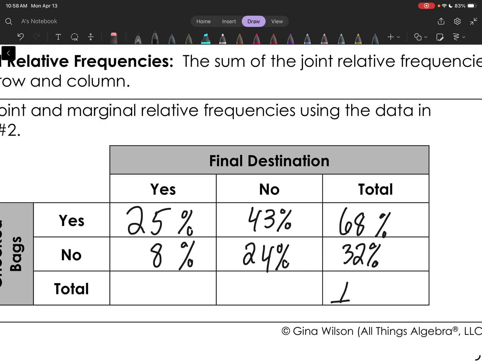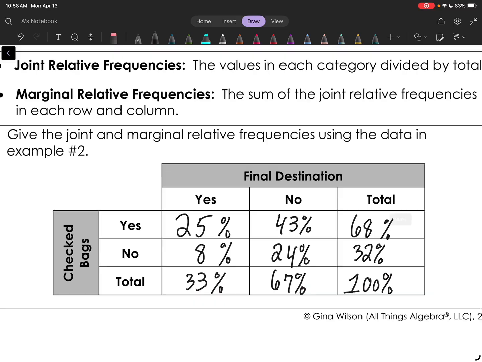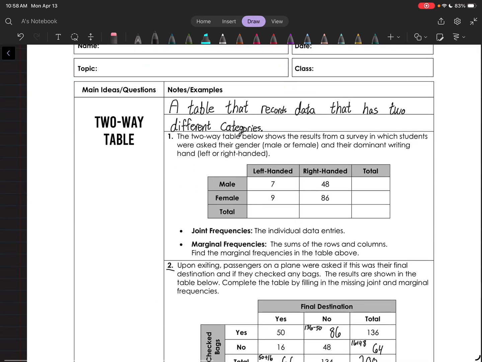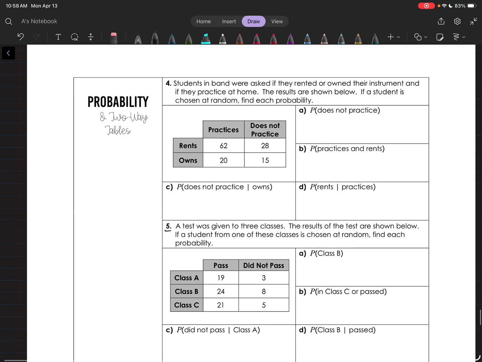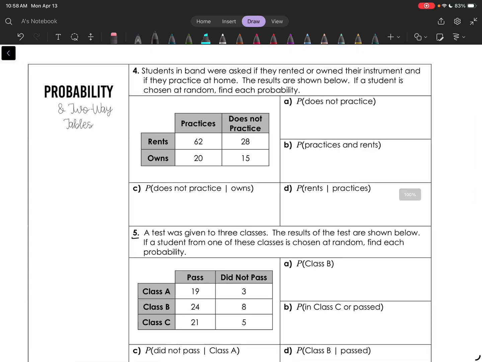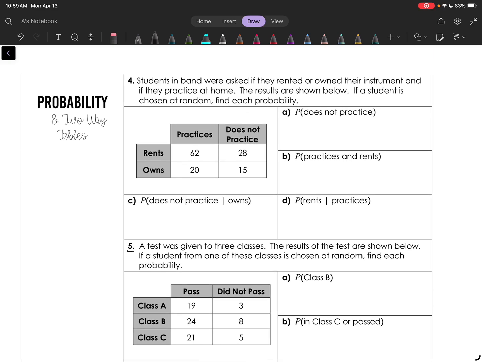Your total should always be 100%. 43 plus 24 is 67. 25 plus 8 is 33. And finished. Try number 1. Go ahead and try number 4 if you're comfortable with it. If not, let me do number 5 and come back.